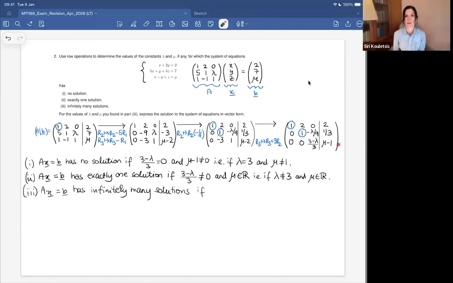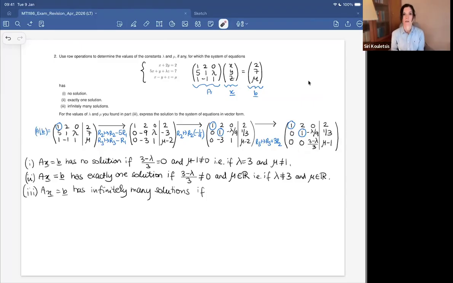So what's left? What could this third row look like now if there are infinitely many solutions? Well, clearly this isn't the leading one here, because then we were in the unique solution scenario, exactly one solution. So this has to be 0. And as we know, for consistency, we can't have something non-zero on the right, as we talked about in case 1.